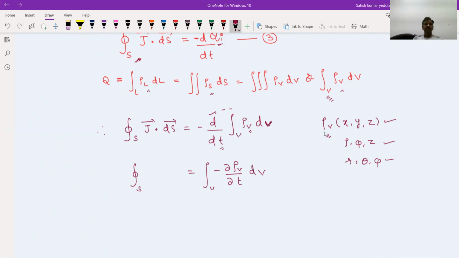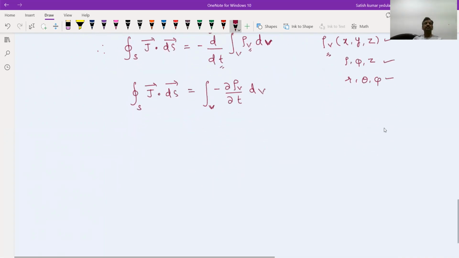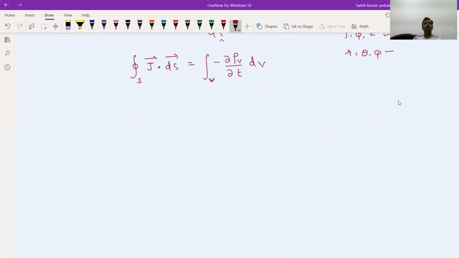So the closed surface integral of J dot dS is always equal to the volume integral of minus dou rho V by dou t dV. Because one is a closed surface integral and the other is an open volume integral, you always need to go for the divergence theorem.